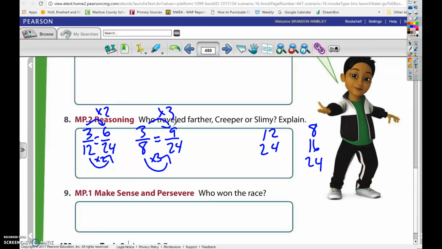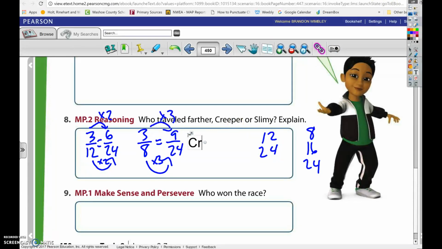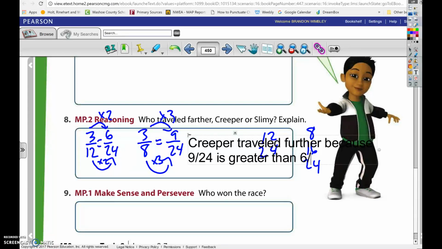So my answer will be Creeper traveled farther. Further, and I'll spell that correctly, because, and then I need to put my numbers in, 9/24 is greater than 6/24.